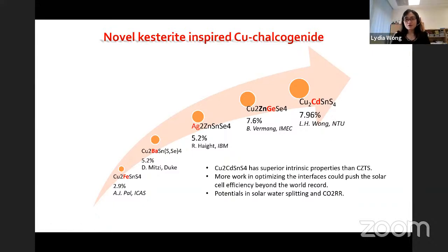Okay, so this is some of the activities in my group that I'd like to share with you, and this is an example of how you can use material science to solve the problem in solar cells, and actually be competitive with the world.